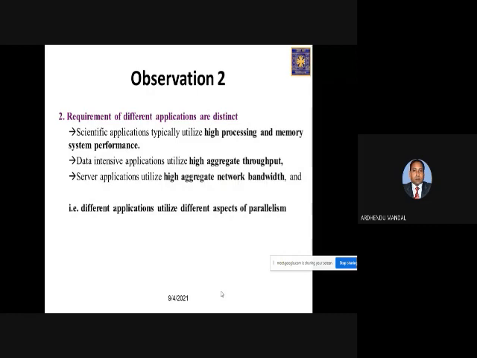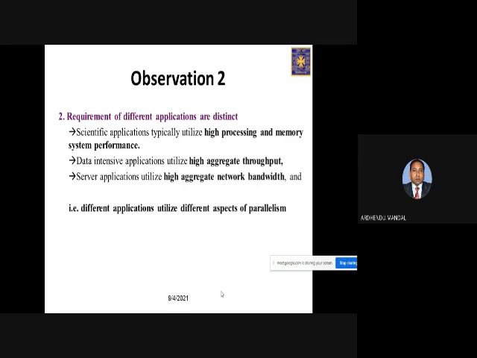Then the second observation is that, depending on the application domain, the requirements of different applications are distinct. You cannot say that if we design a computer for this application, it will be a good design for other applications. Someone requires very high processing and memory system performance. Some other application may require high throughput. Some other may require a huge amount of network bandwidth.